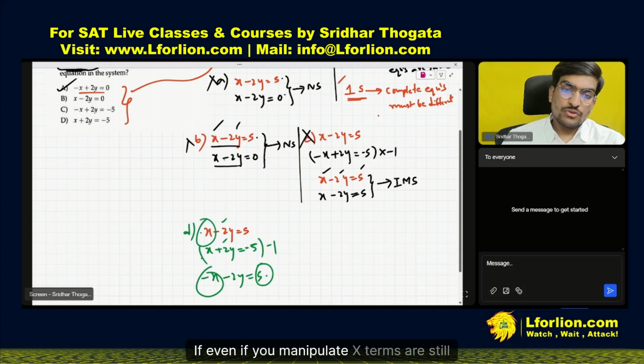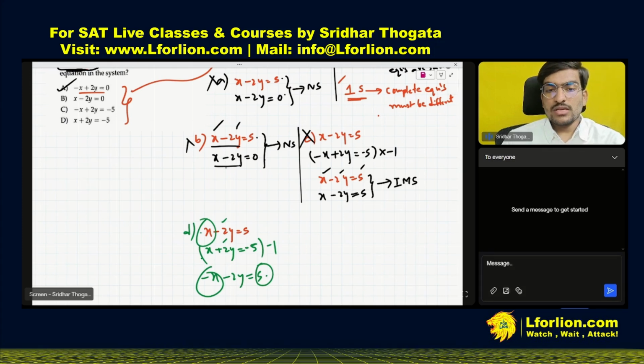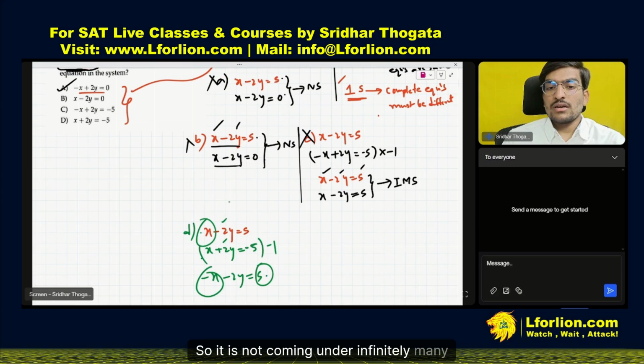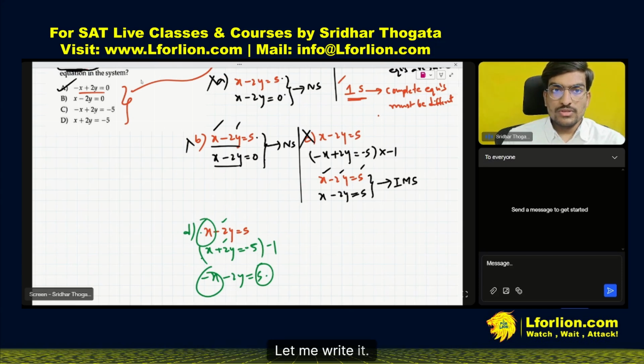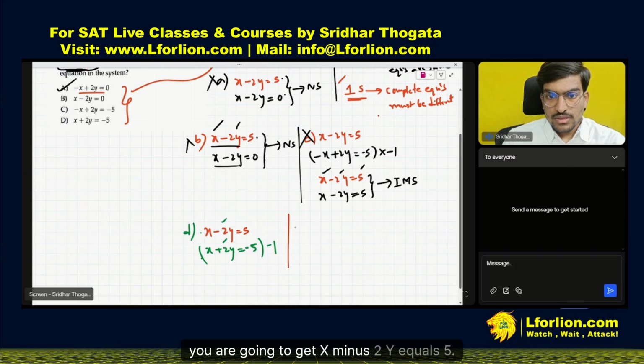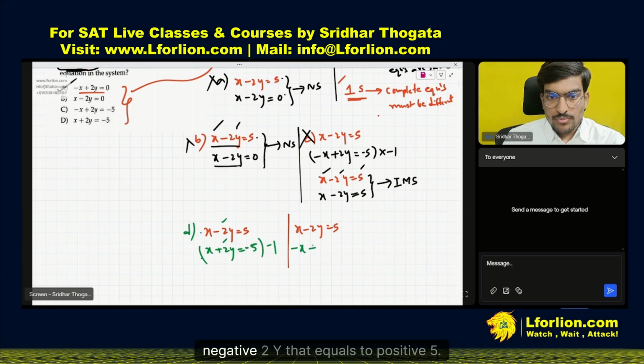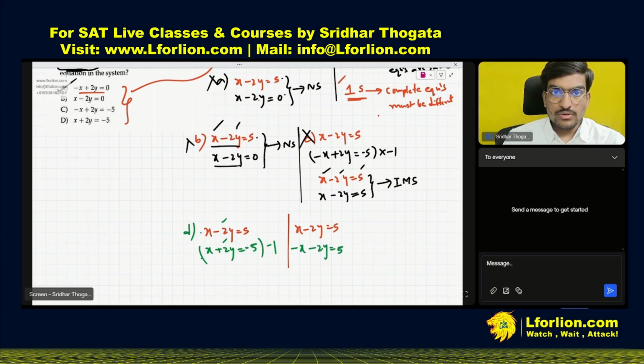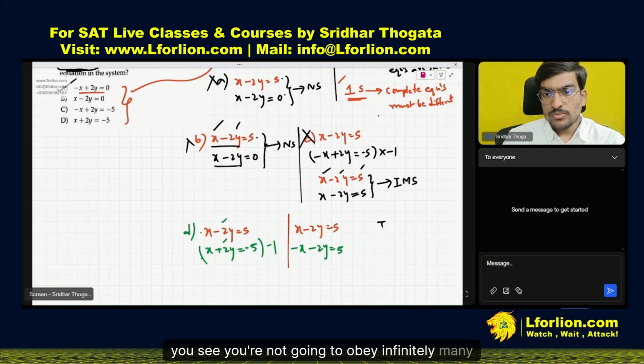Even if you manipulate, x terms are still different. So it is not coming under infinitely many solutions. Let me write it. Even if you manipulate, you are going to get x minus 2y equals 5, and the second equation you're going to get negative x, negative 2y, equals positive 5. Even if you try to manipulate, you're not going to obey infinitely many solutions.